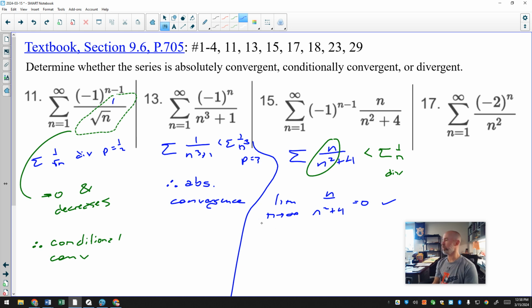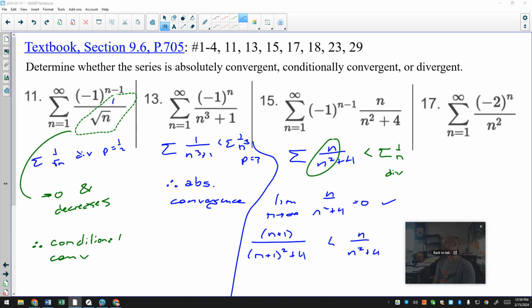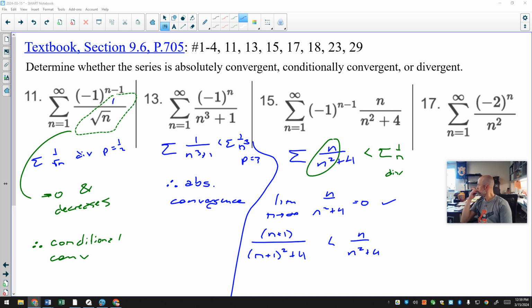Now here's the tricky one. Does it decrease? Is n plus 1 over n plus 1 squared plus 4 less than n over n squared plus 4? What do we think? It's a little bit harder to tell. My gut's telling me yes, but the problem is the numerator and the denominator are larger, right?